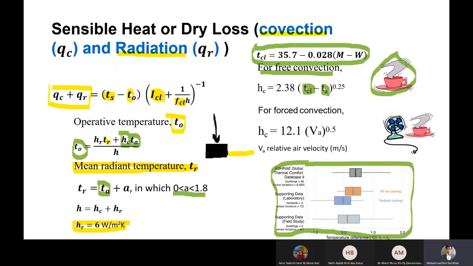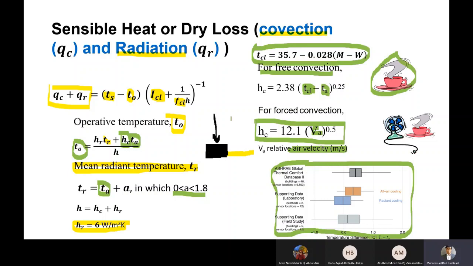Under forced convection, basically when the wind blows at you at a certain air velocity, or when you walk, run, or play a game, so we move relative to the wind at speed VA, then we have this equation to estimate the convection.